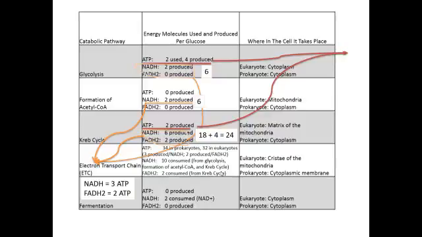Now that's in prokaryotes. In eukaryotes, we have to spend some NADHs to get pyruvate from the eukaryotic cytoplasm into the mitochondria. So that's why we get 2 fewer ATP than prokaryotes, but that's still not bad.